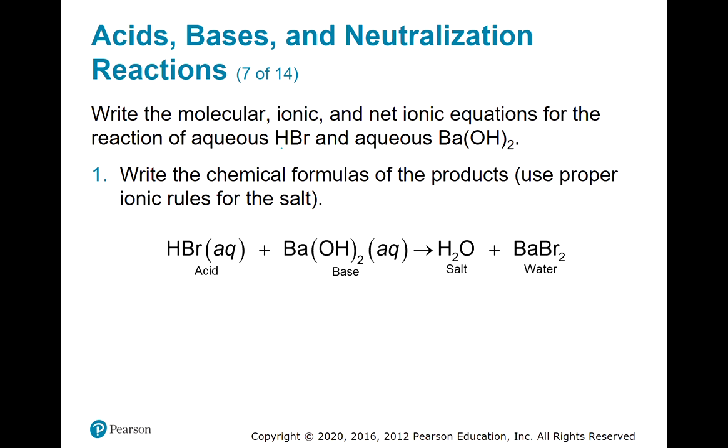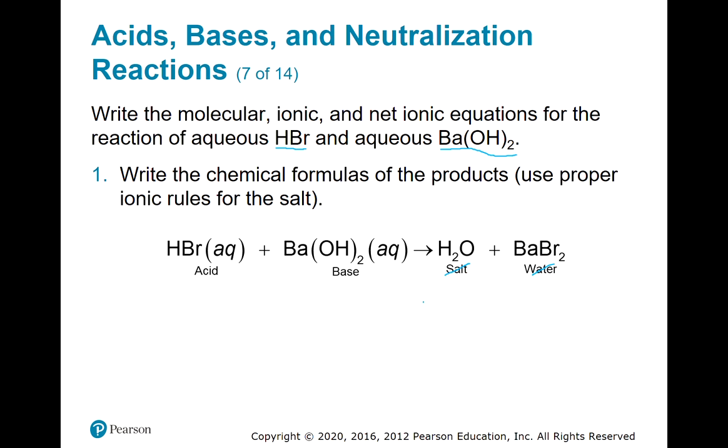So we have the strong acid, HBr, hydrobromic acid, and the strong base, barium hydroxide. Those are both on the strong acid and strong base list, respectively, in aqueous solution. Since we have an acid and a base, we know this is going to be a neutralization reaction, so we're going to form water and a salt. H2O, of course, is water, and barium bromide is a salt, so those are mislabeled.